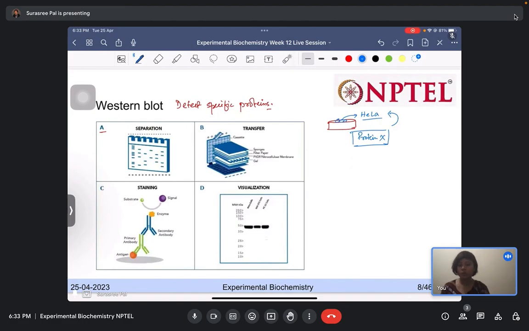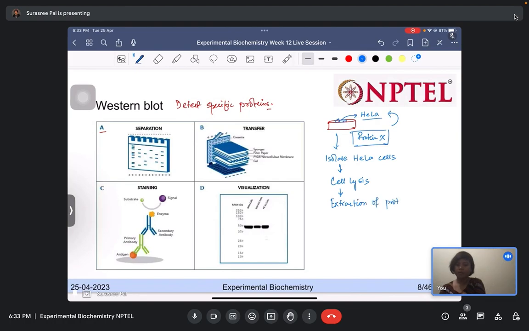So what we will do first, we will isolate the HeLa cells and we will lyse the cells to extract the proteins, right?